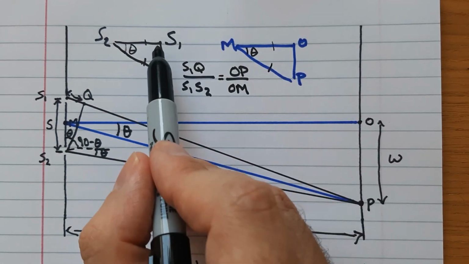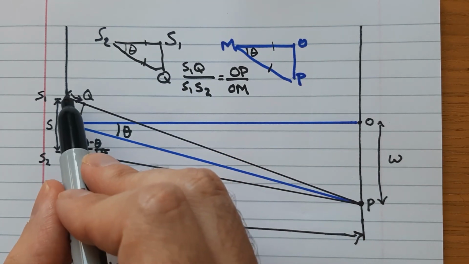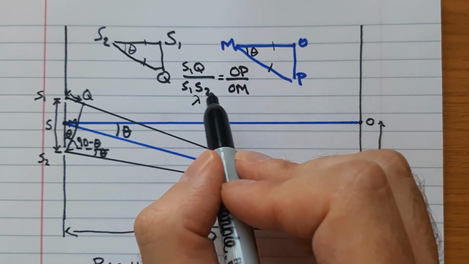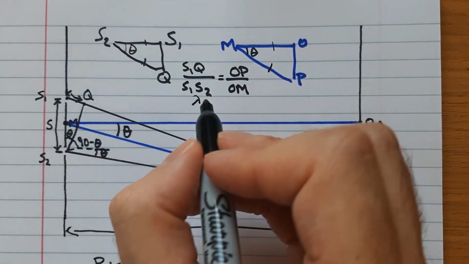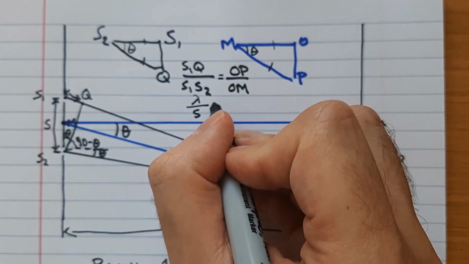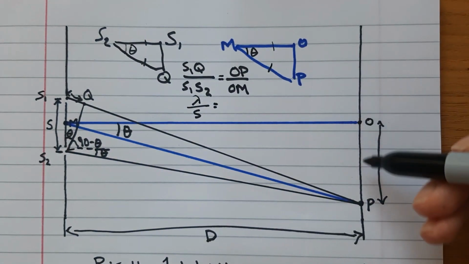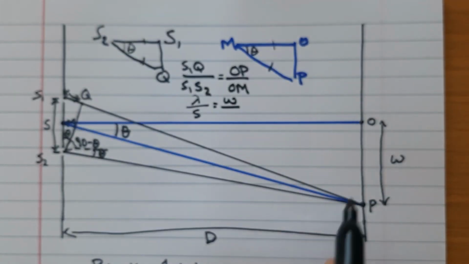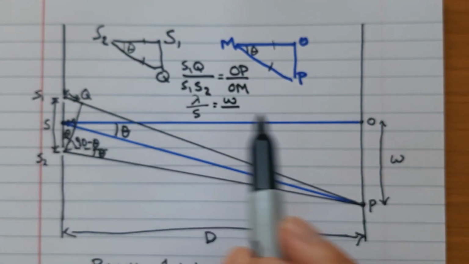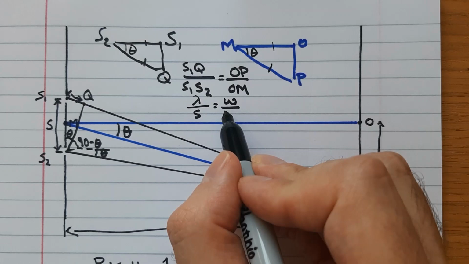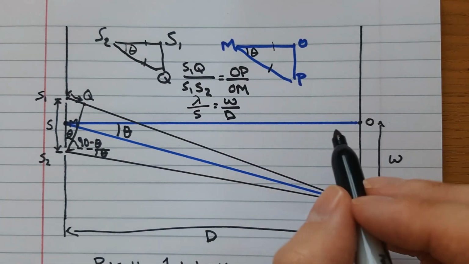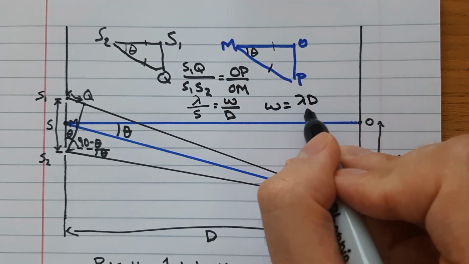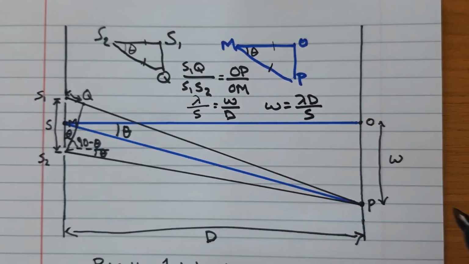Now S1 to Q is the path difference, which we've said is lambda. S1 S2 is the distance between the slits, which is S. OP is W, our fringe spacing, and OM is the distance from the slits to the screen, which is capital D. And you can see all I need to do is rearrange that and I get Young's double slit formula.